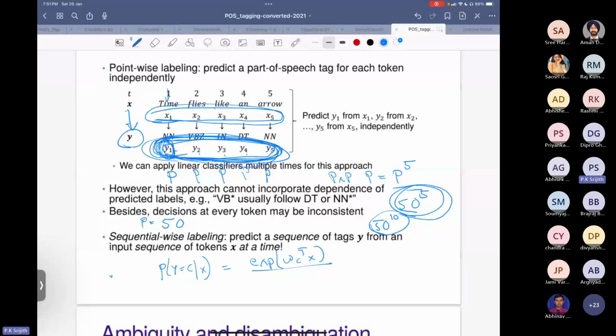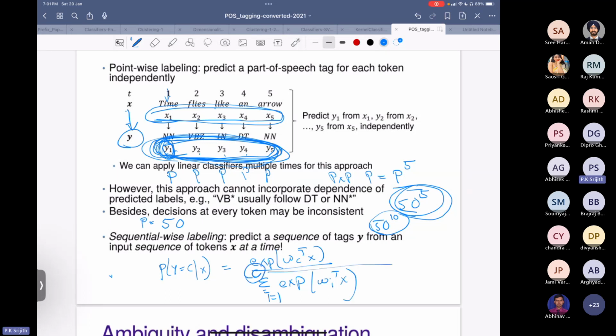Got it. Sir, it doesn't only affect the training, but also the inference, right? For example, when you want to predict a class label, say p of y equal to c given x, in logistic regression you have to compute this softmax function: exponential of w c transpose x, divided by the summation over i equal to 1 to capital C, the number of different classes, of exponential of w i transpose x.